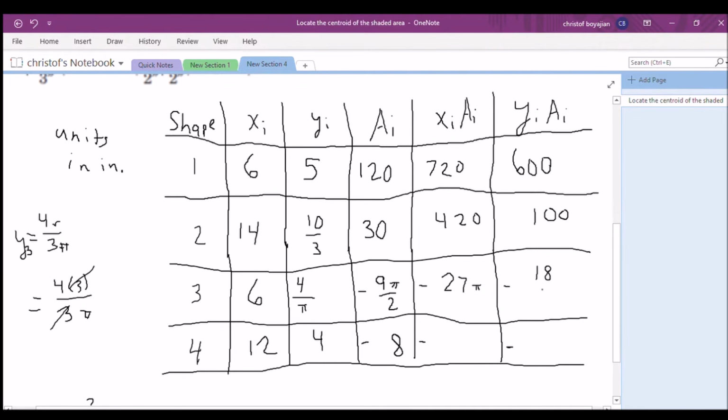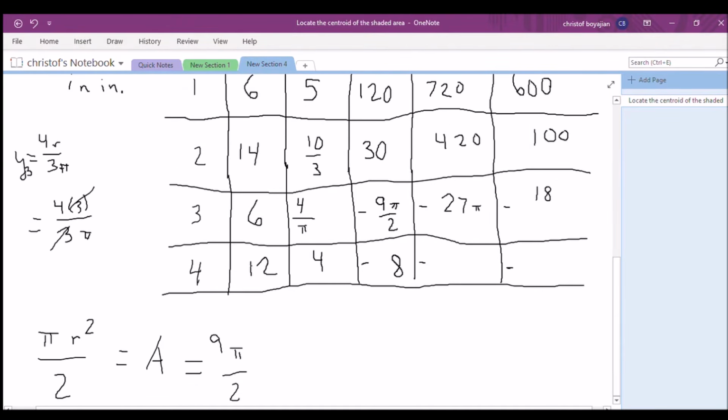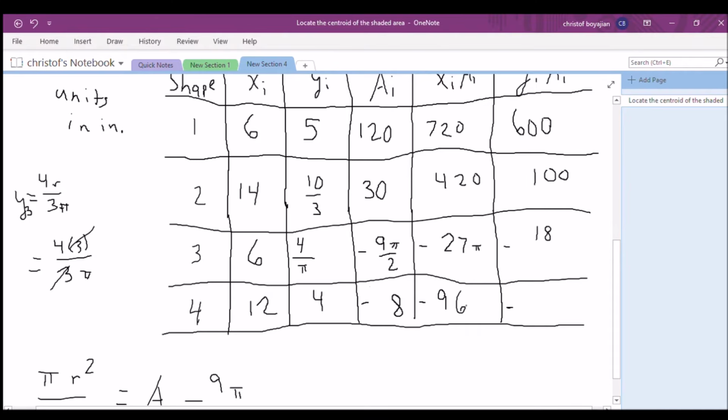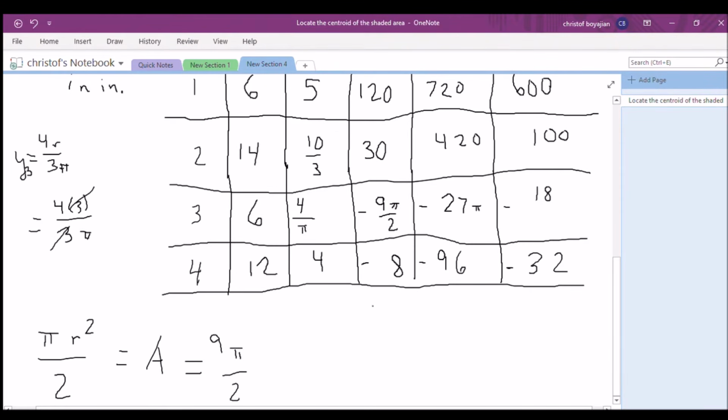Yeah, negative 18. And then on the bottom, we have 12 times negative 8, which is negative 96. And for yi times ai, 4 times negative 8, we get negative 32. All right, so we have now completed our table.